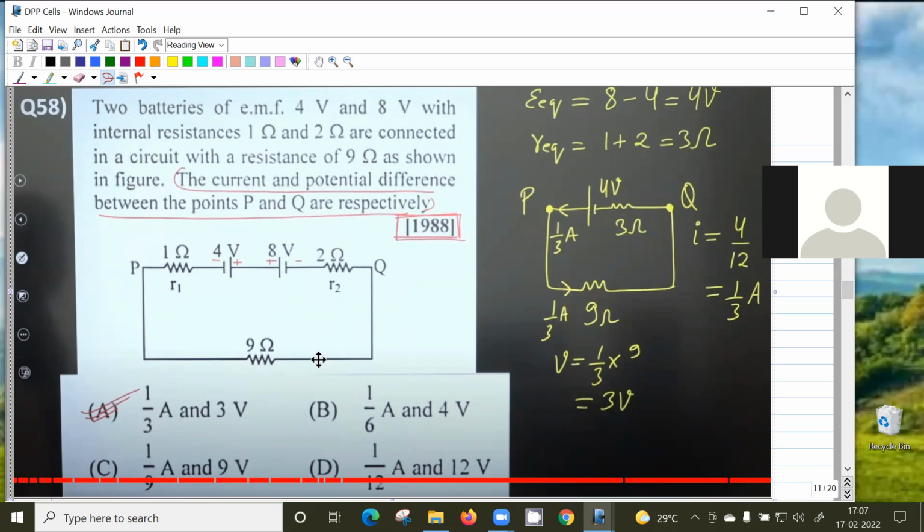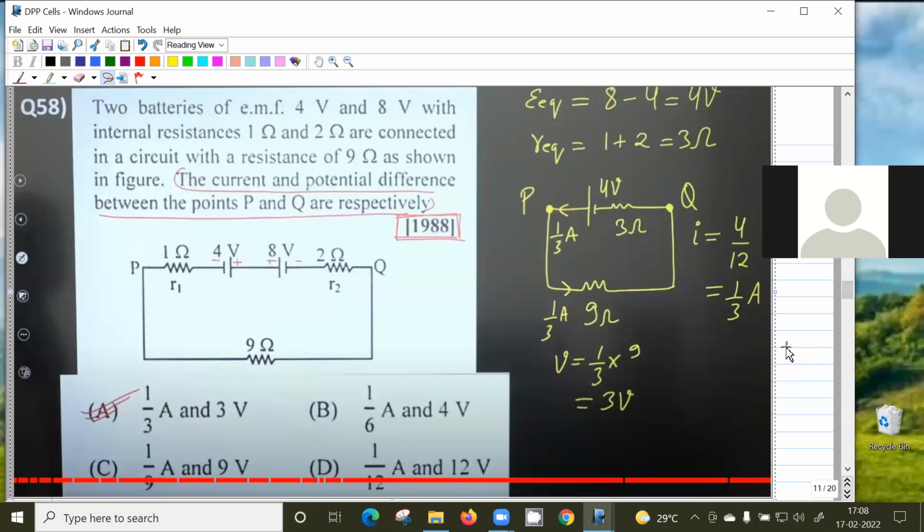Net voltage is 4 volt, and the current is 1/3 ampere.